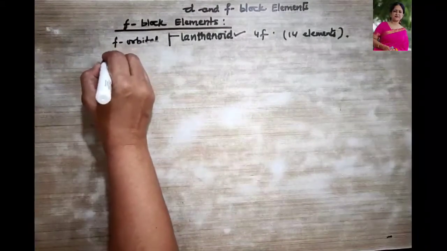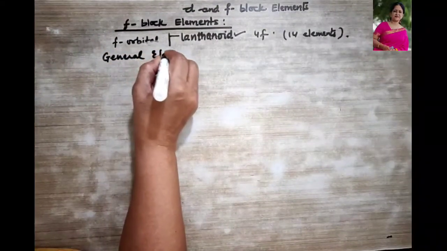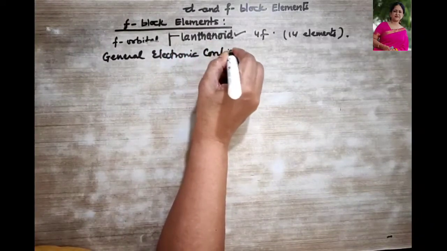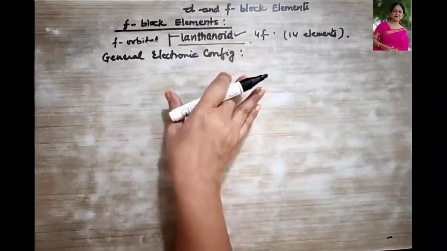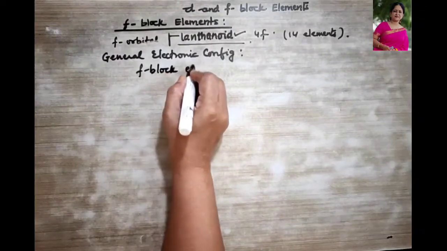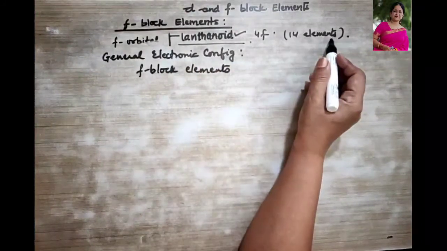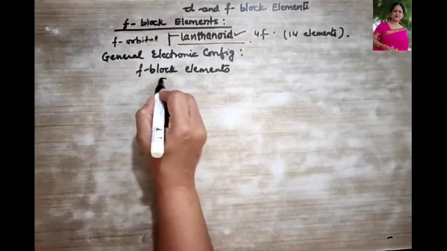So let us begin firstly with the general electronic configuration of lanthanoid series. So over here, these F block elements, as you already know, there are 14 elements present. And the general electronic configuration is what?